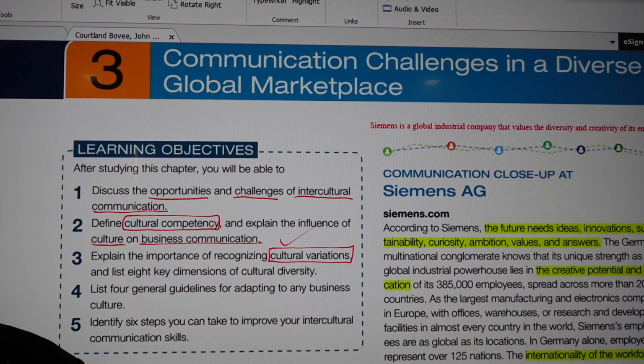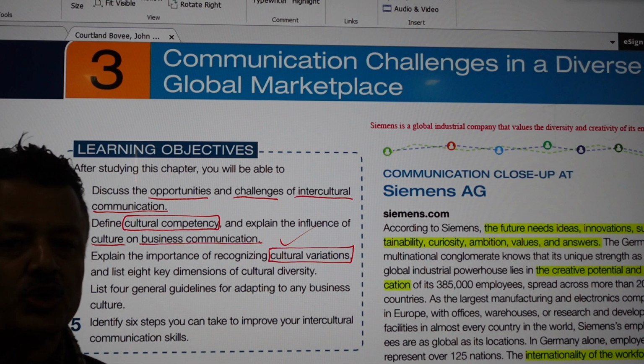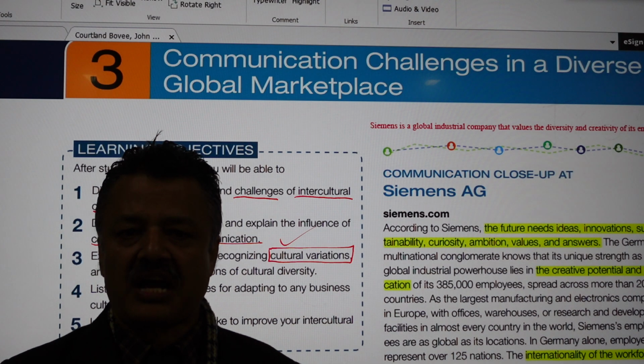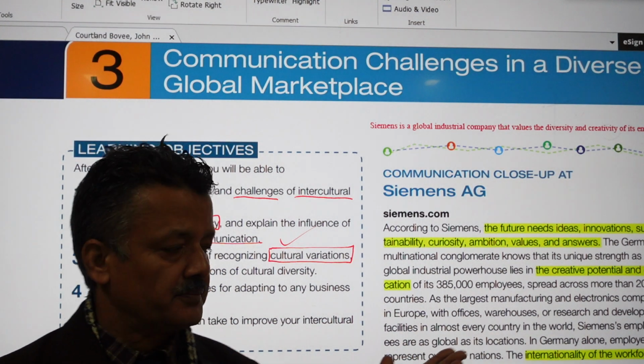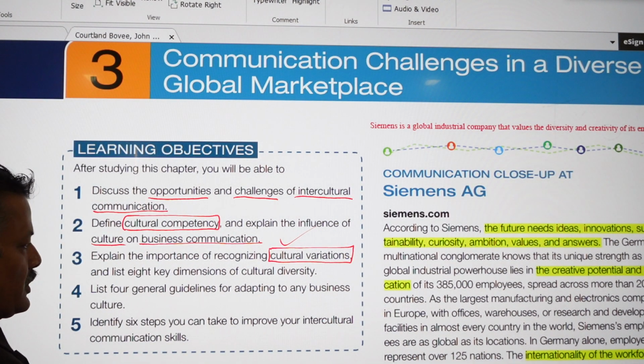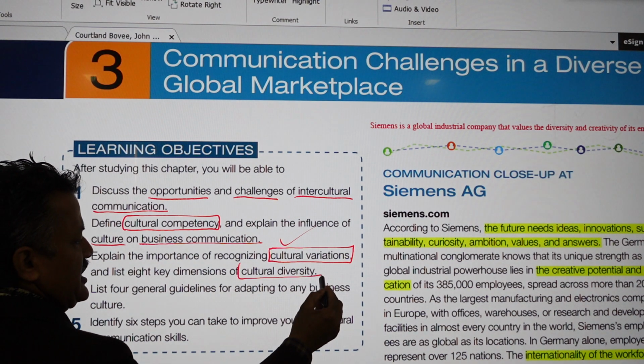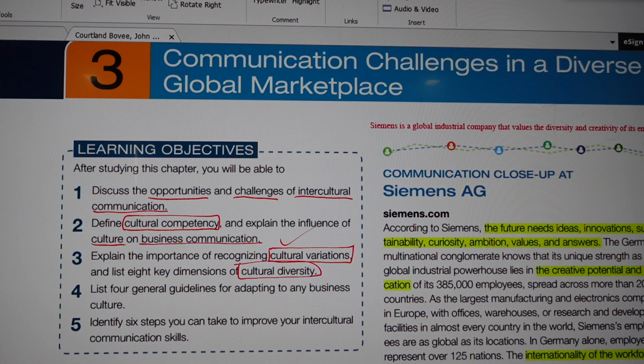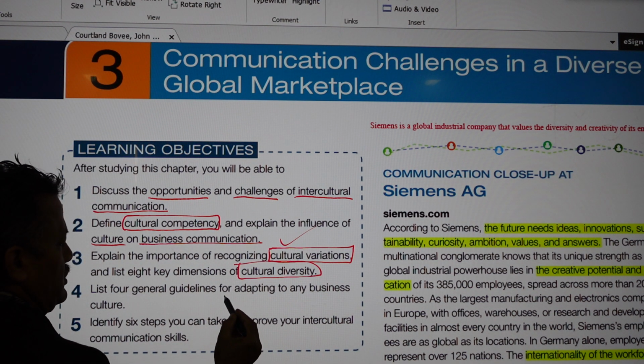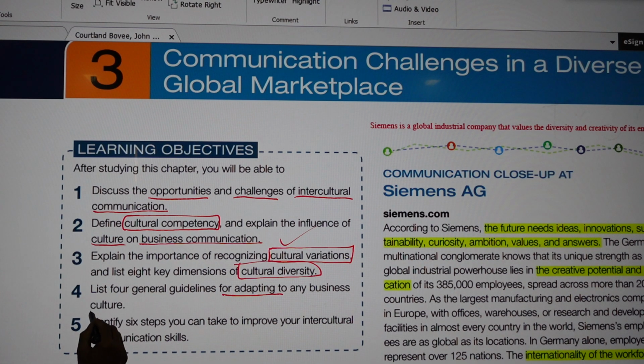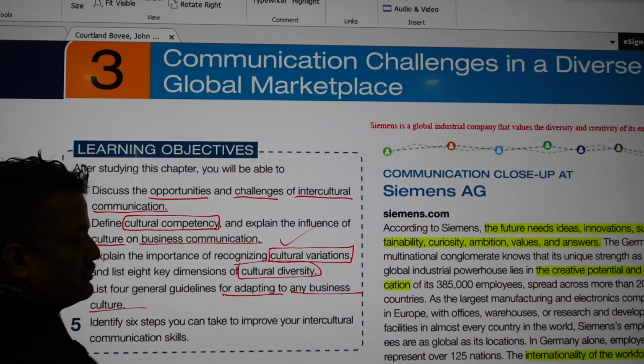Cultural variety. Different people come from different cultural background. If you want to do business globally, you must understand the cultures around the world. Then, what is cultural diversity? We'll focus on that. Then, how to adopt a new business culture.